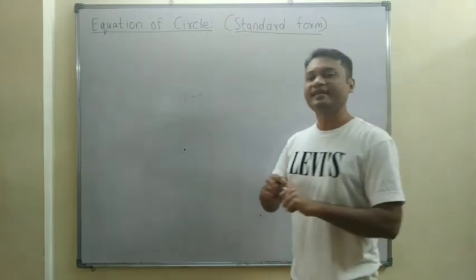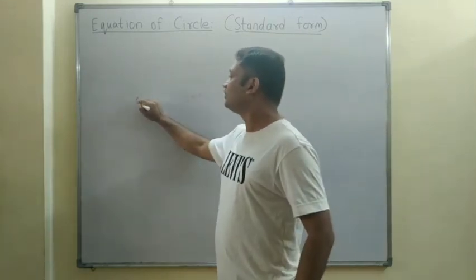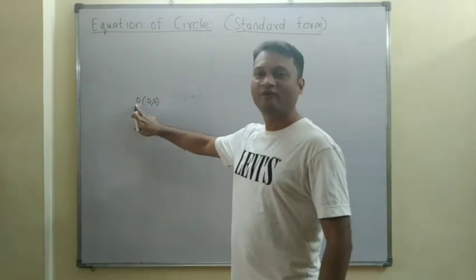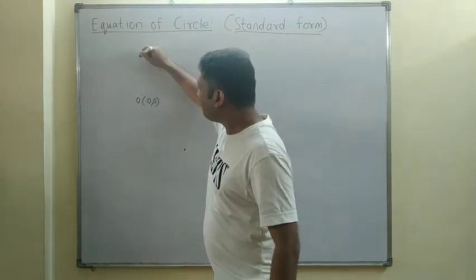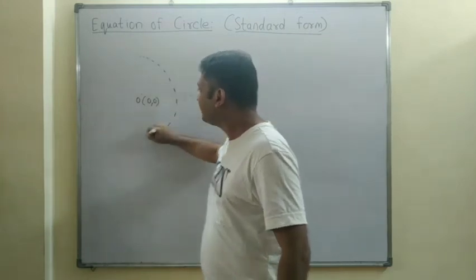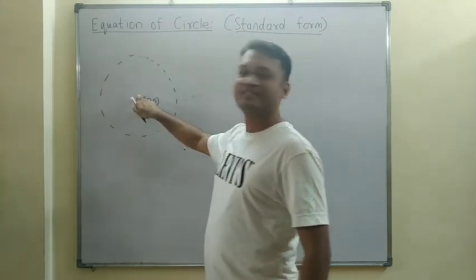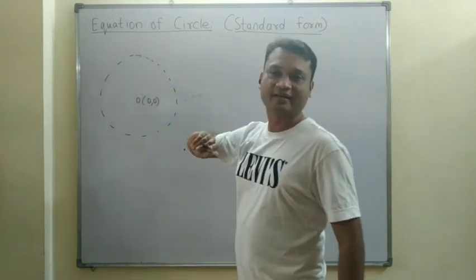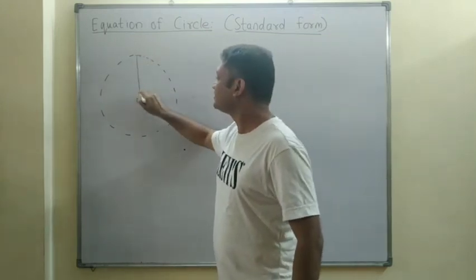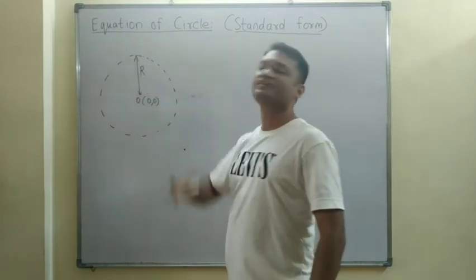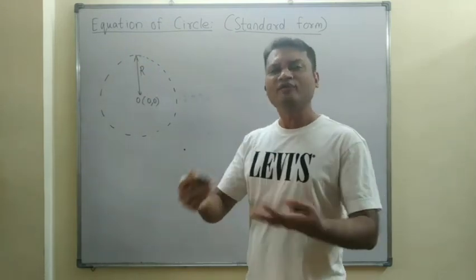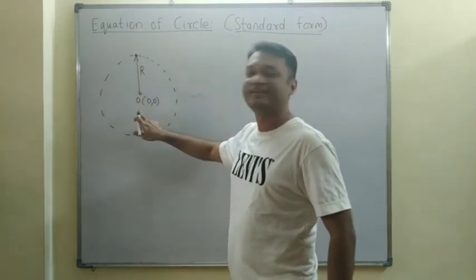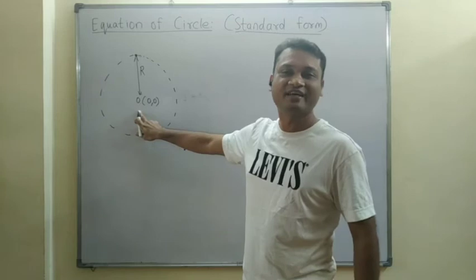Let us consider the fixed point as origin 0, 0, which is the center of the circle, and the point which is varying at a fixed distance from this center or origin is plotting a circle. This fixed distance we denote by the radius of the circle R. If you see carefully, this point on the circle is at a fixed distance from the center of the circle.